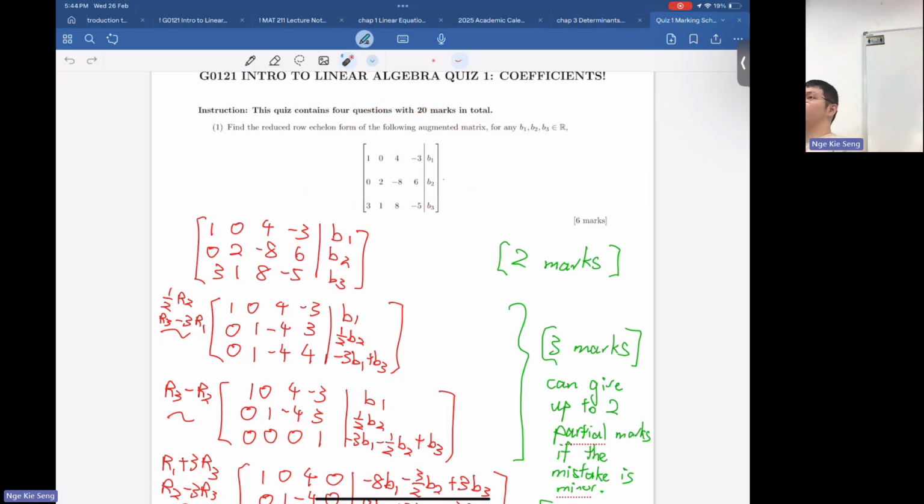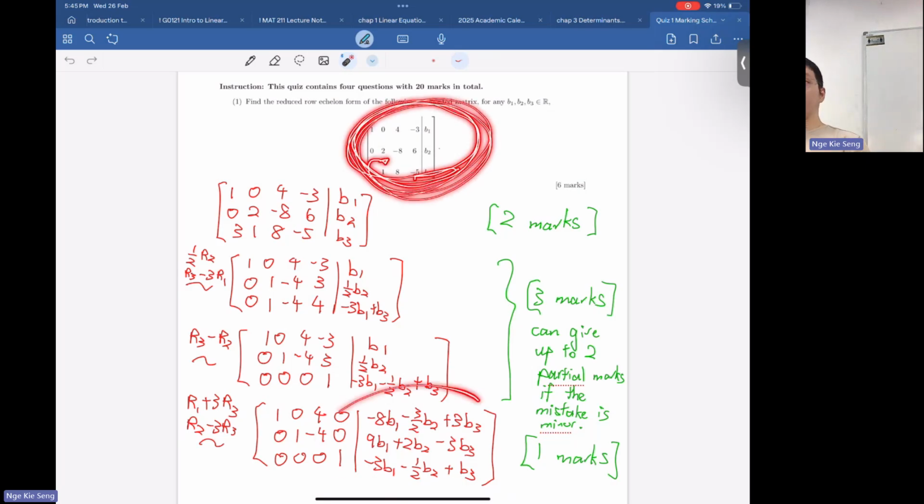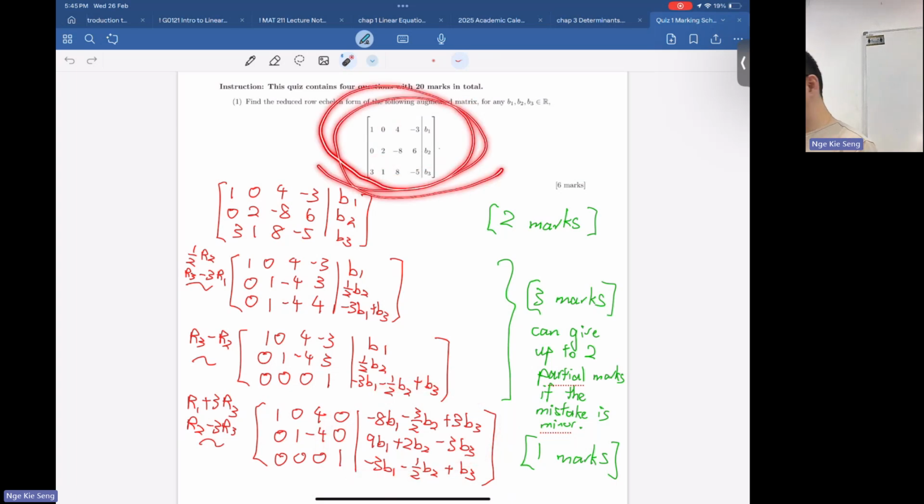It makes more sense, because what does this augmented matrix do? It translates a question from a linear system and then solves it for you. So this is how the question comes out. You get the linear system first, and then you get the solution.